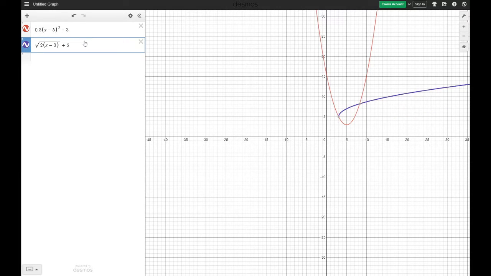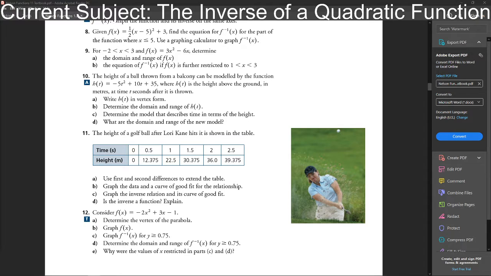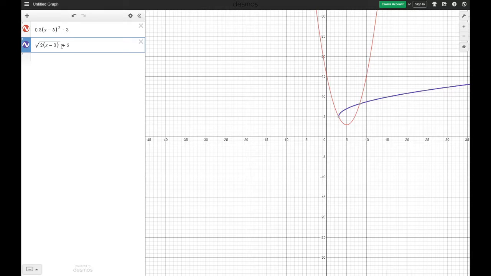Plus 5? Yeah, I think that looks more right. Let me take a look at chat. Okay.